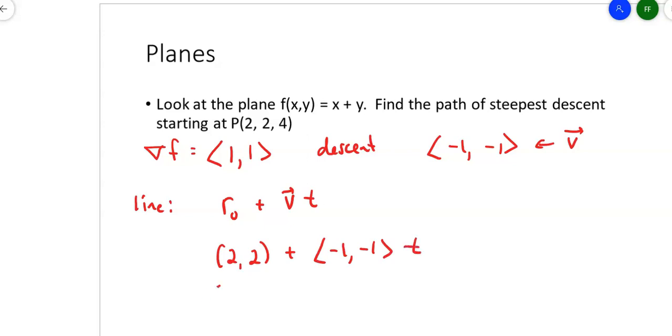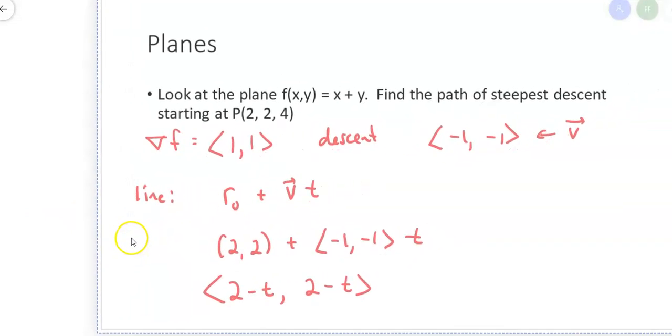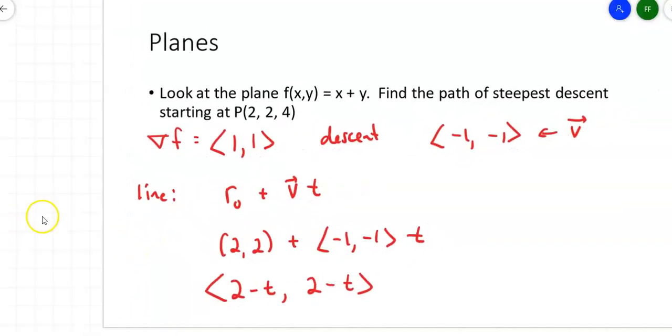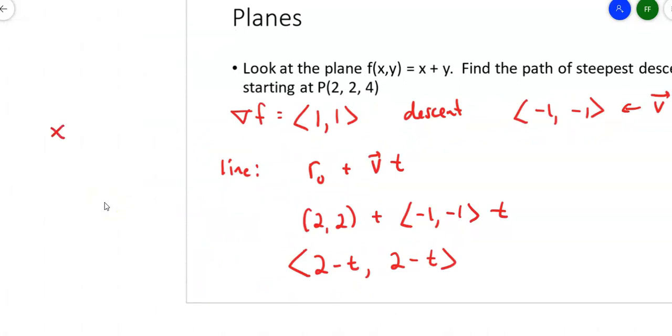All right, so now let's look at what this gives us. We end up with a 2 minus t for the first coordinate, and, boringly enough, a 2 minus t for the second coordinate. If I want to write this out in terms of x's, I can do that. I can write this out as x equals 2 minus t and y equals 2 minus t.